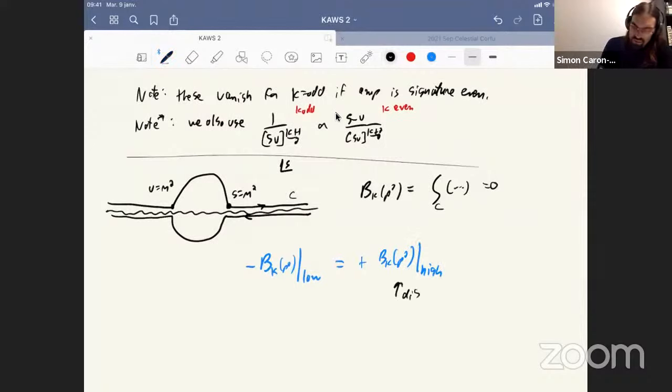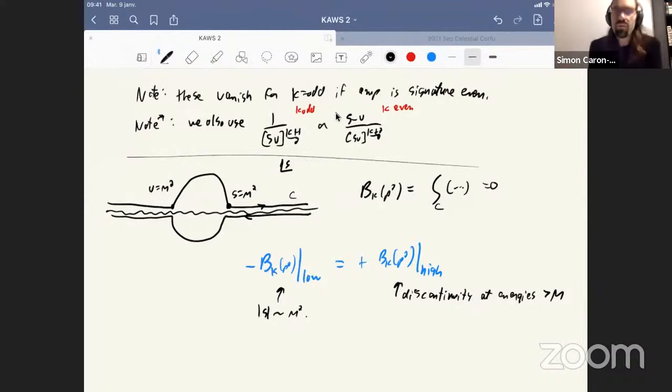Okay. So this is a discontinuity because I'm going above minus below the axis, at energies greater than m. And this thing here is something that's computable with energies of order m.